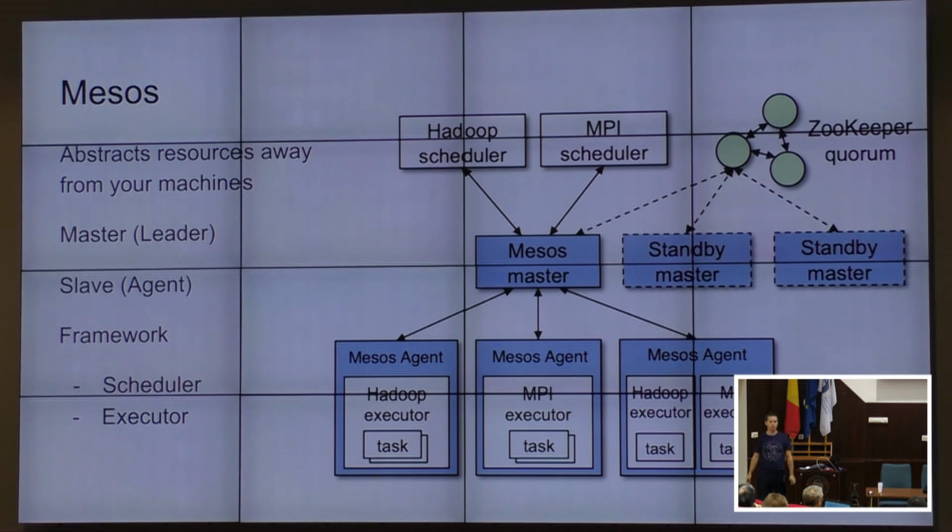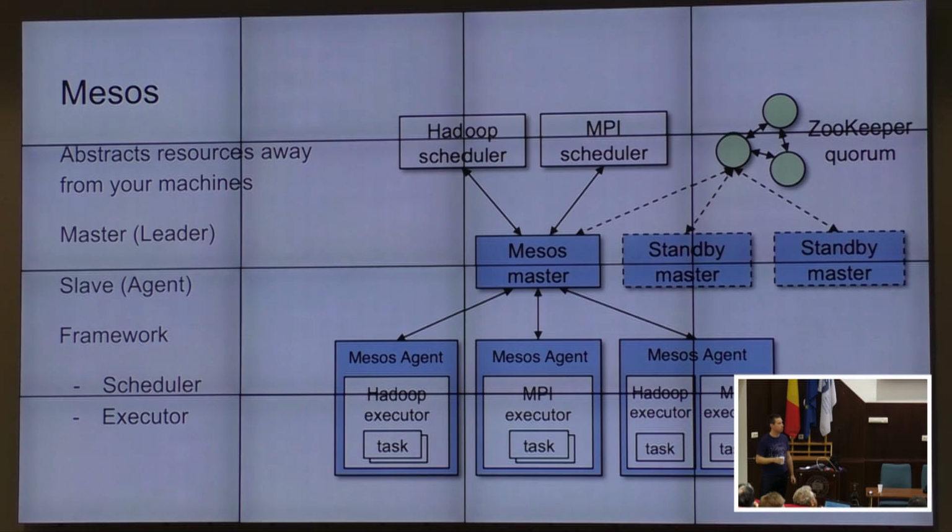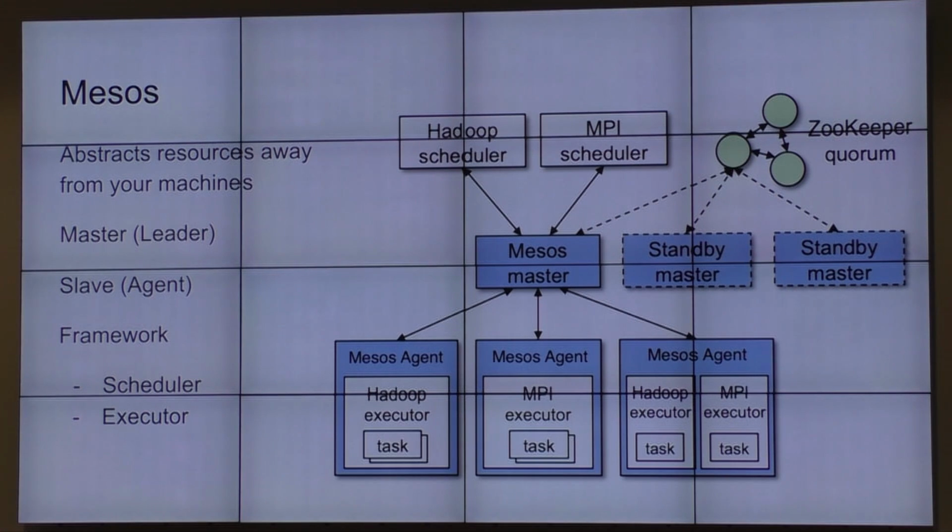It's composed of three components: Mesos masters, Mesos slaves, and Mesos frameworks. And here's how it works together. Mesos slaves report the resources of the agent machines to the Mesos master. And Mesos master aggregates all the resources and creates offers to the Mesos frameworks.